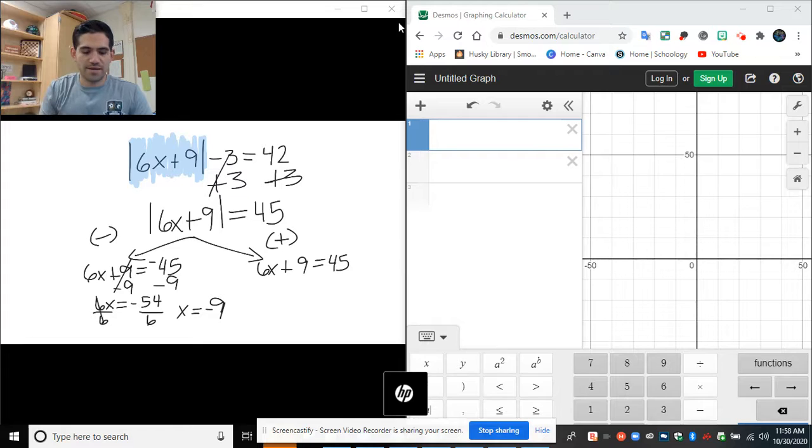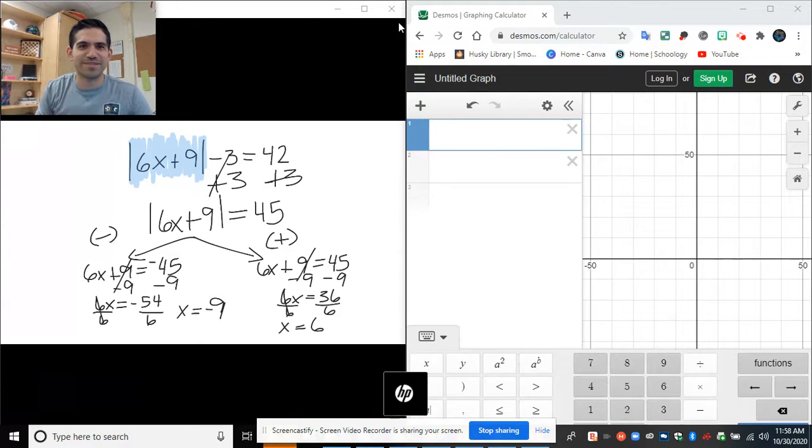On the other side, we solve for x as well. We subtract 9 on both sides. 6x equals 36. Divide both sides by 6, and you have x equals 6. So I have two possible solutions, x equals negative 9 and x equals 6.